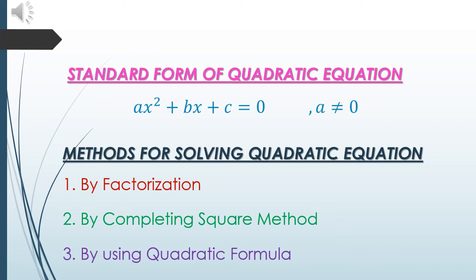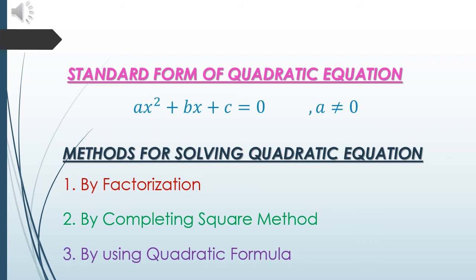So it must be noted that in every condition a must not be equal to 0. a means the coefficient of the variable square must not be equal to 0. So this type of equation is called a quadratic equation. This is the standard form.